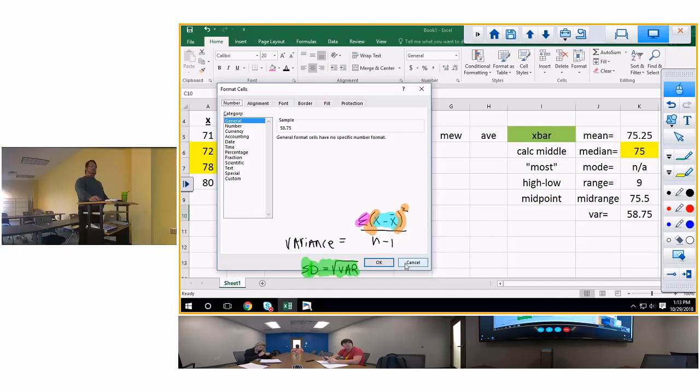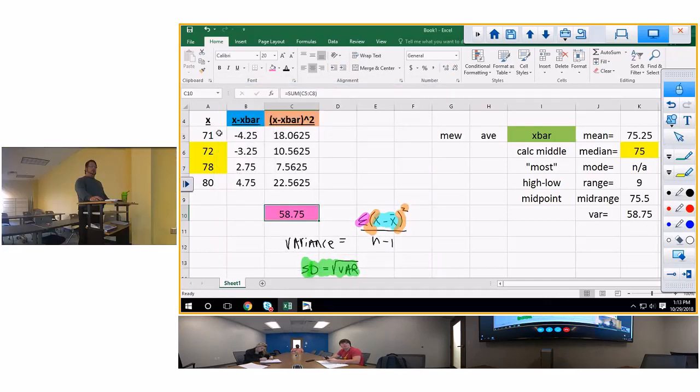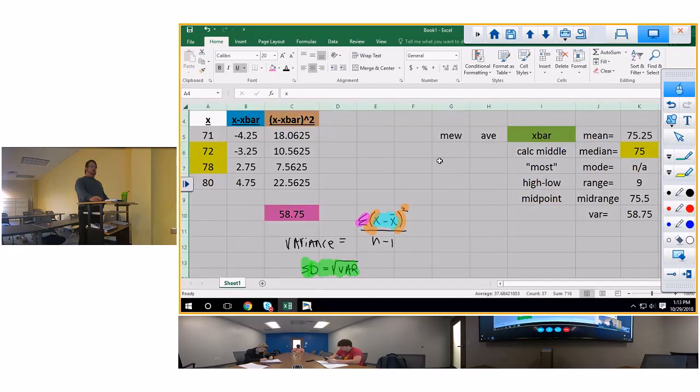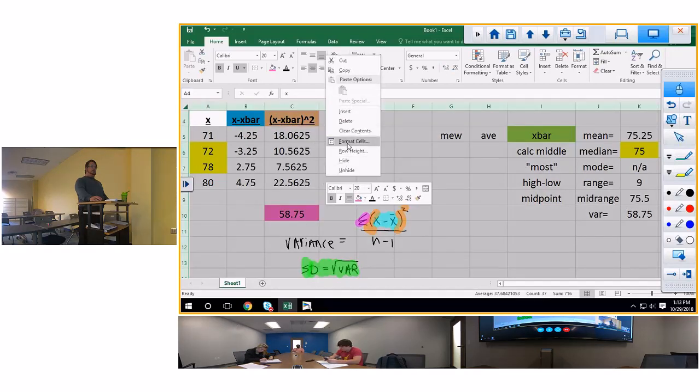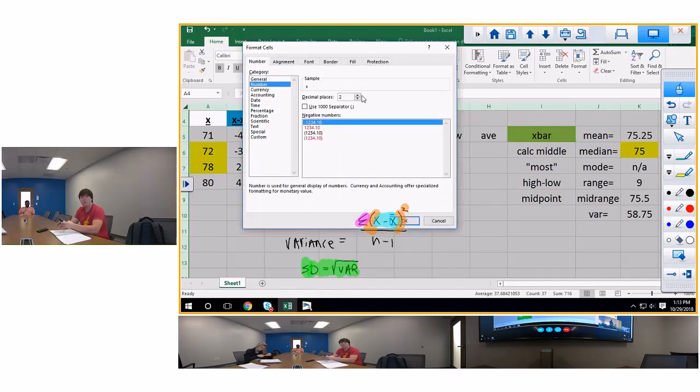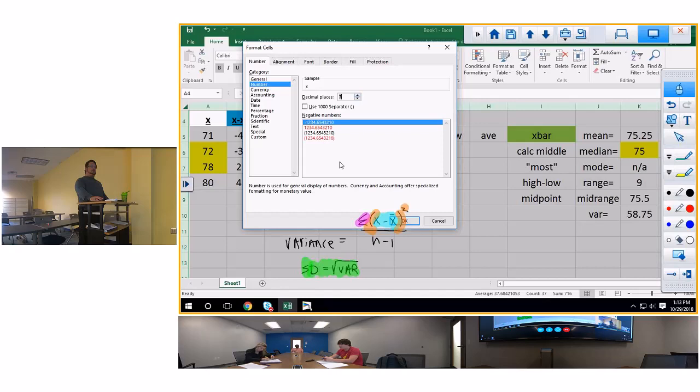Format cells, that's carrying a 3 or 4. Let me just do this. Hope this don't have a fit when I do this.